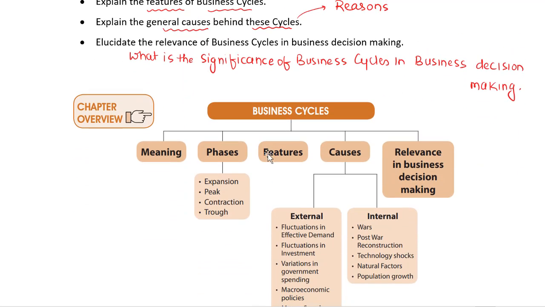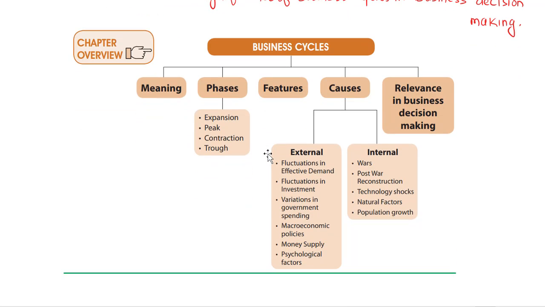Let us quickly see the overview of the chapter. So we are going to learn the meaning of business cycles, the phases of business cycle: expansion phase, peak phase, contraction phase, and trough phase.